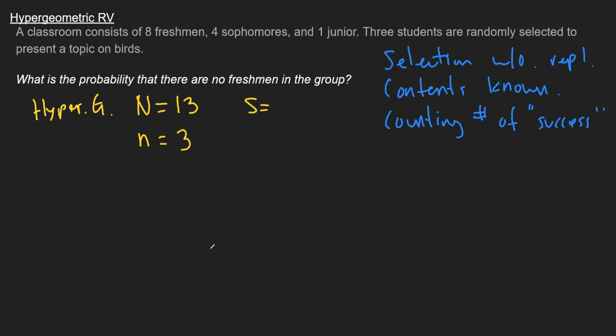And the uppercase S will represent your total number of successes in your pool of objects. So again, the success is identifying what you're counting. So we're interested in the number of freshmen in the group. So that means my total number of successes will be freshmen, in this case, 8. And then the little x that you see in the PMF equation, the little x is going to be the desired outcome. So if we want no freshmen in this case, then our desired outcome, right, is x equals 0.